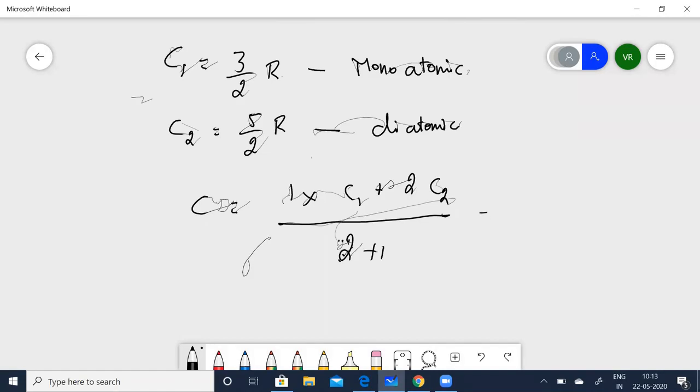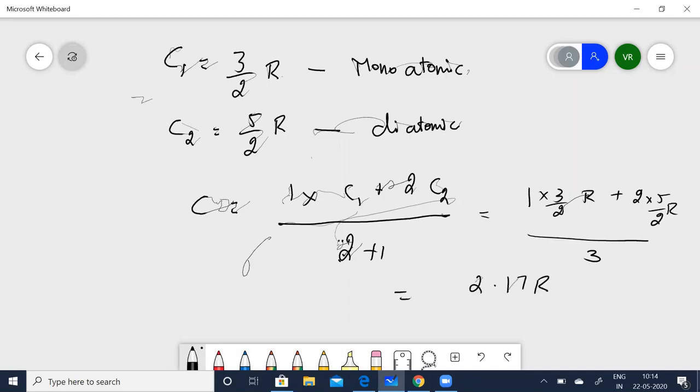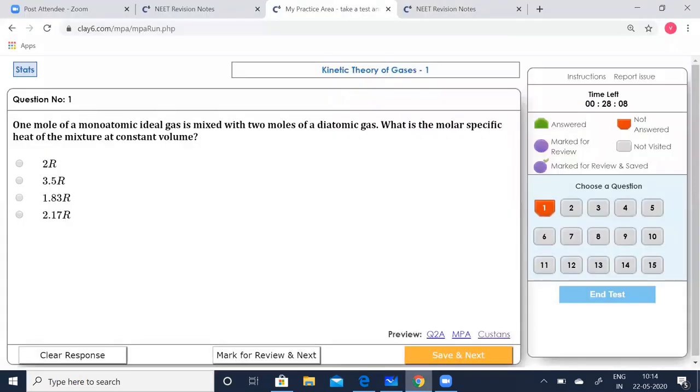Applying the values, 1 into 3 by 2 R plus 2 into 5 by 2 R divided by 3. After calculating this, you get 2.17 R. Let's see which option is correct. 2.17 R. So click that.